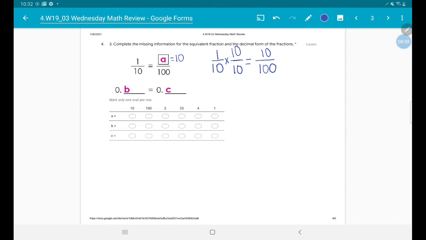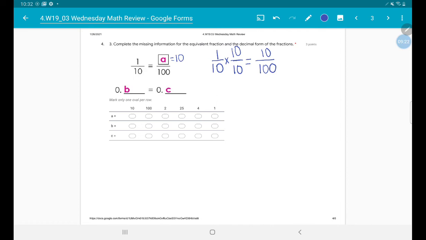Alright, so we've seen that. We've looked at some models showing tenths and hundredths being equivalent, haven't we? So we ought to have at least a visual idea or representation of what that looks like. But then we get down here to the decimal form, and that's a little bit different. We hadn't really talked a lot about decimals.